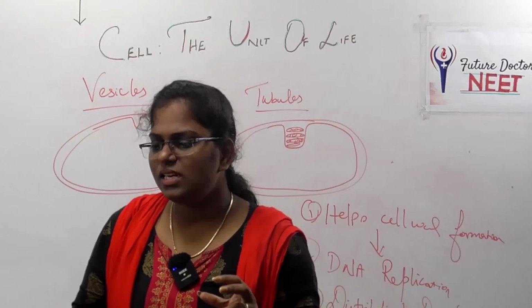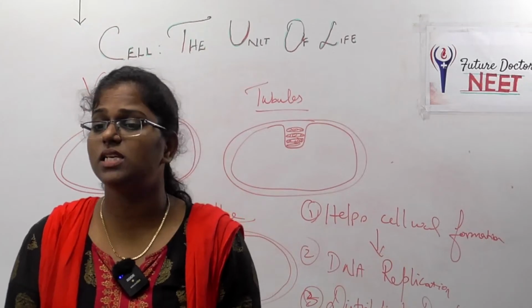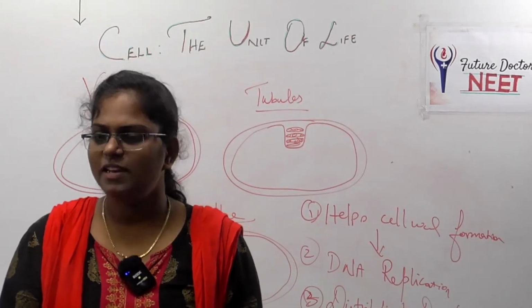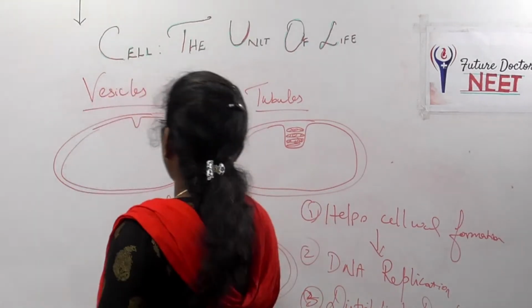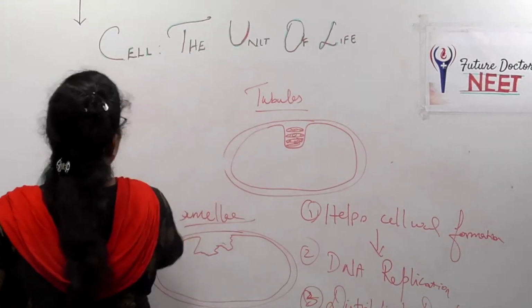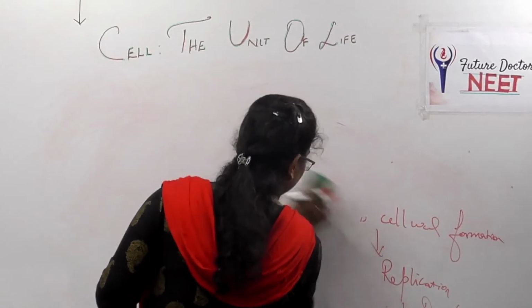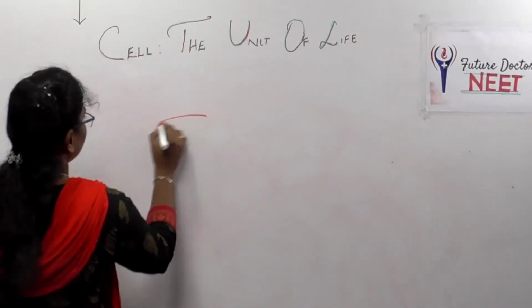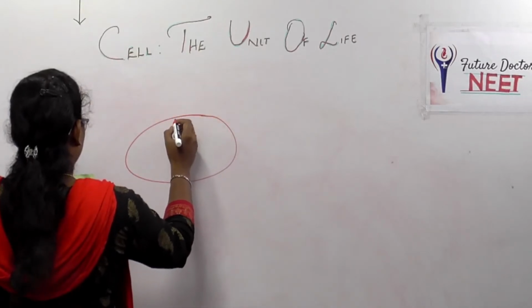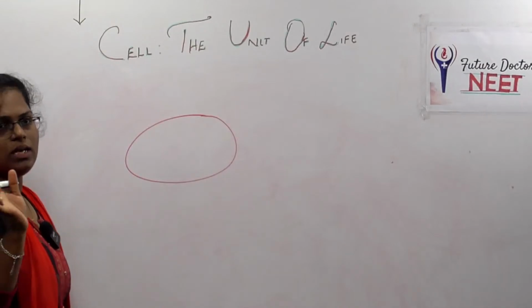A bacterial flagellum is composed of three parts. What are the three parts? Filament, hook and basal body.